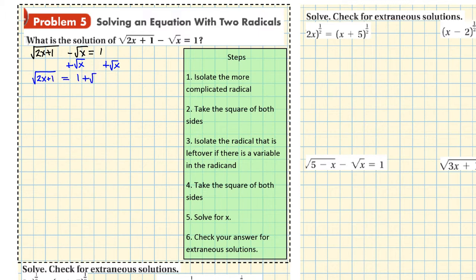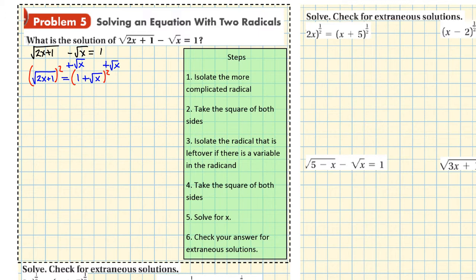Our next step is to square both sides of the equation. Now, when you square both sides of the equation, one radical has to go away. That's the reason why we do it. And the one that's going to go away is the more complicated radical. In this case, it means that the square root of 2x plus 1 is cancelled out, and we're only left with 2x plus 1 is equal to.